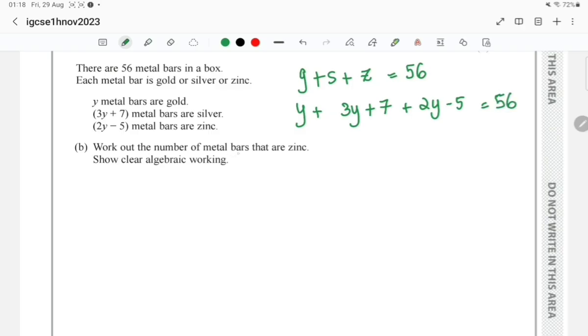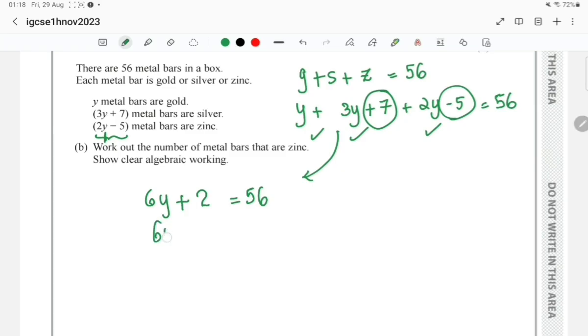Now work out the number of metal bars that are zinc. So I need 2y minus 5, so I will need the y to substitute here to have my answer. Let's solve this equation to get y. y plus 3y plus 2y gives me 6y, plus 7 minus 5, this is plus 2, is equal to 56. 6y will be equal to 54, and y will be equal to 54 divided by 6, which is 9.